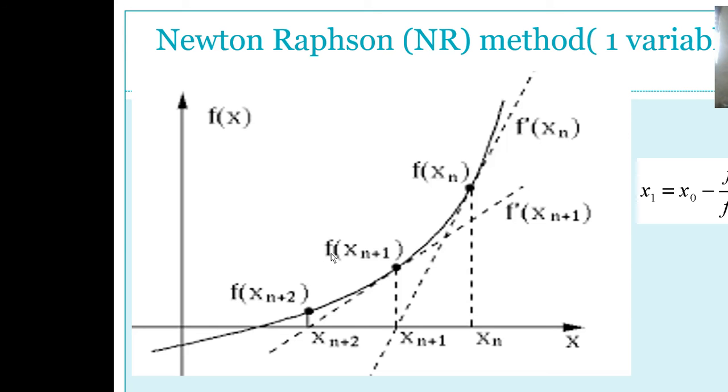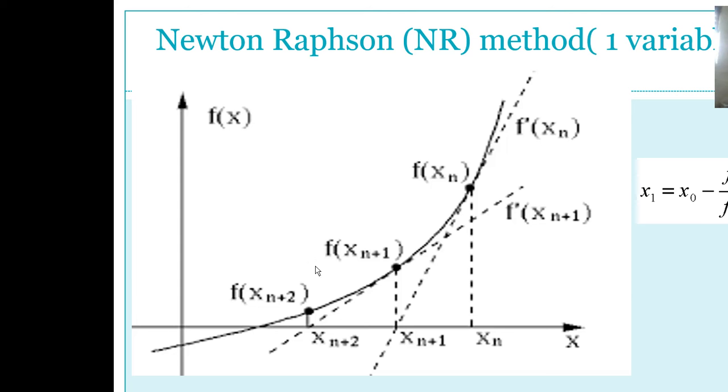So xn plus 1, which is a new value, can be evaluated by using the slope of this tangent, and using this slope we can evaluate xn plus 1. Since we are assuming this to be a root value, we assume that the function at this point ideally should be 0. If this is a root, the function should take 0 value.